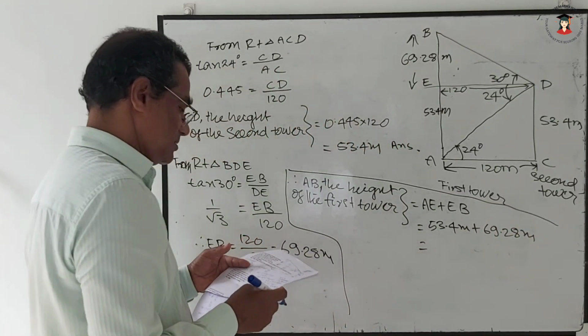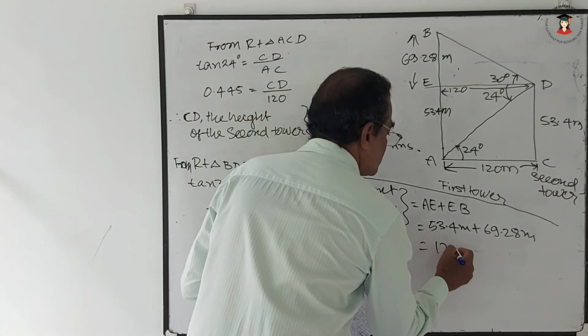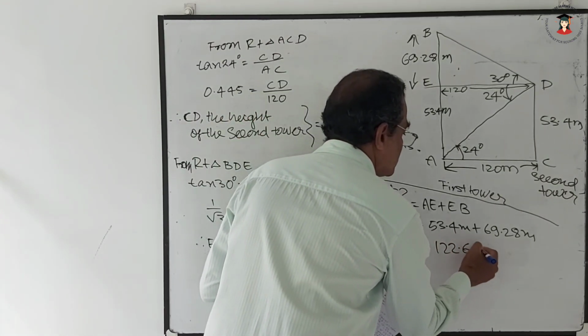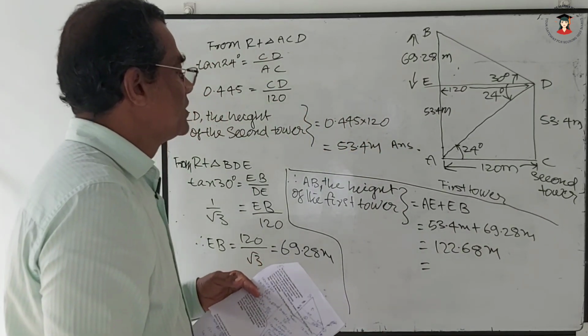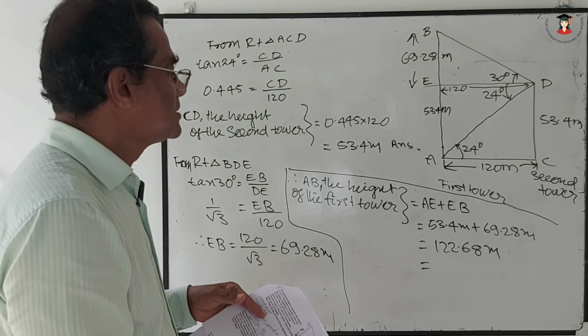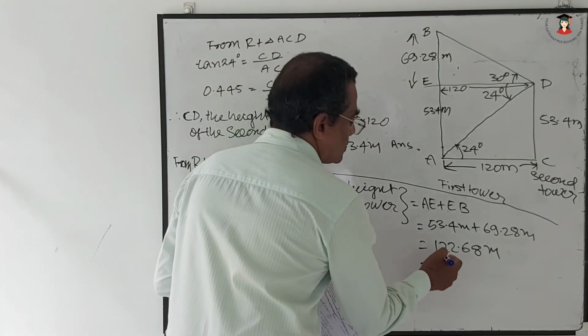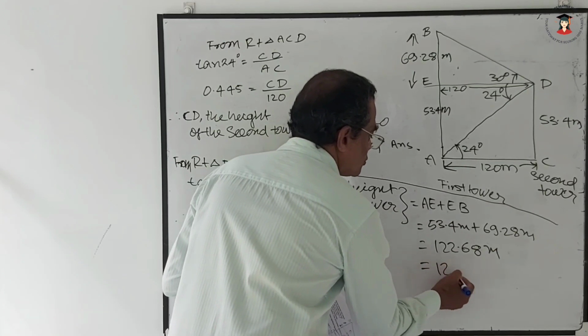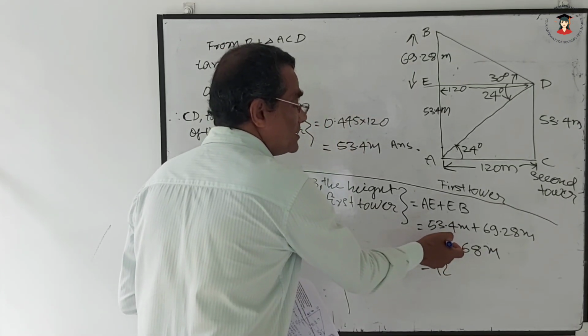On adding this, we will get 122.68 meter. So we need to submit the answer in 3 significant digits. So 1, 2, this position is the third digit.